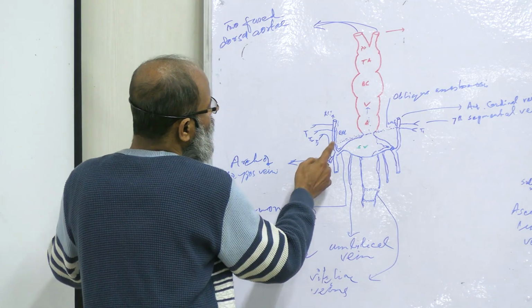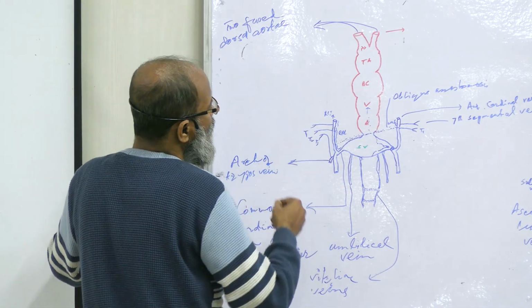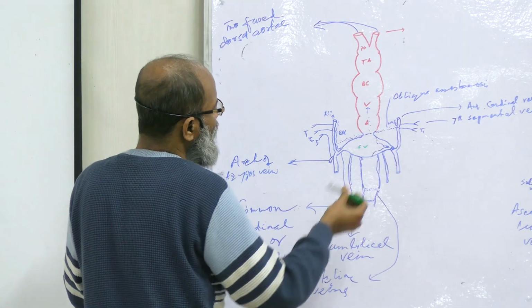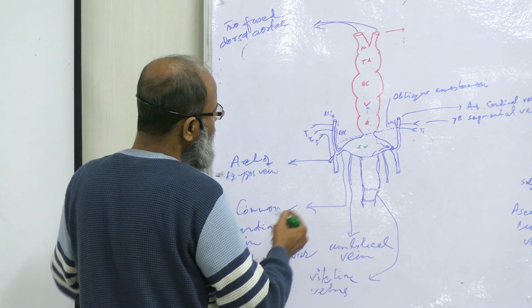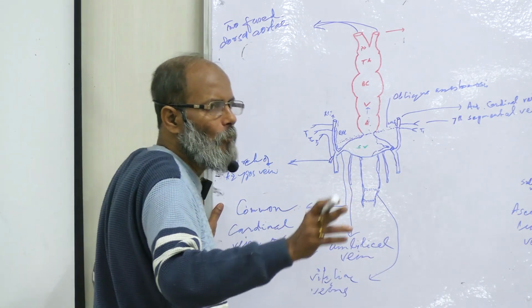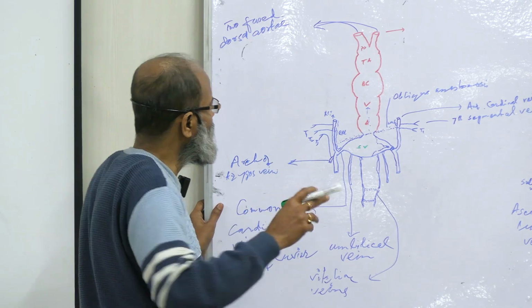Now you see, there is an oblique communication between the right anterior cardinal vein and the left anterior cardinal vein. After this oblique anastomosis, they form the right and left brachiocephalic veins.